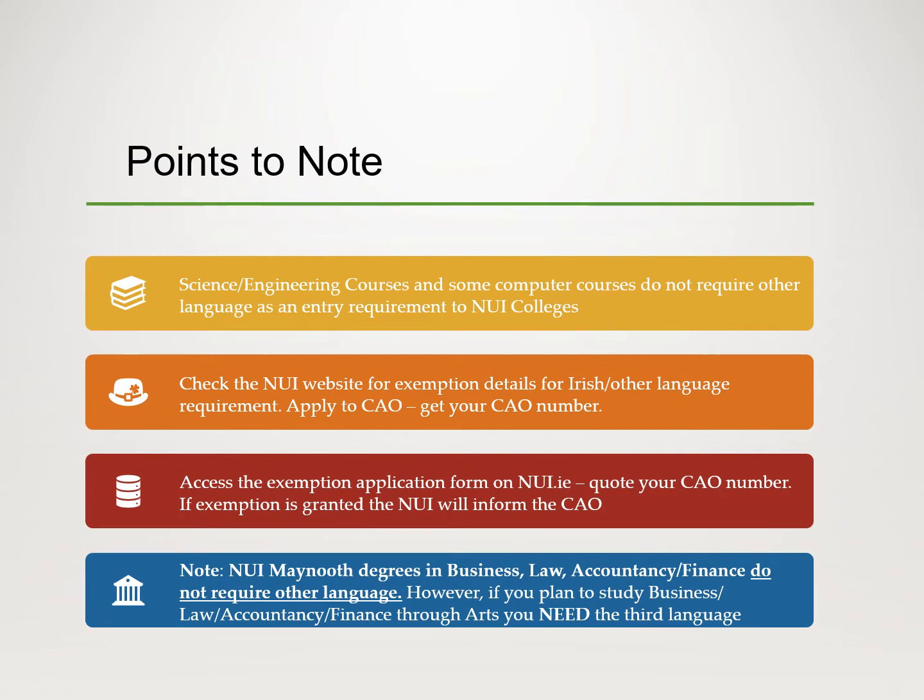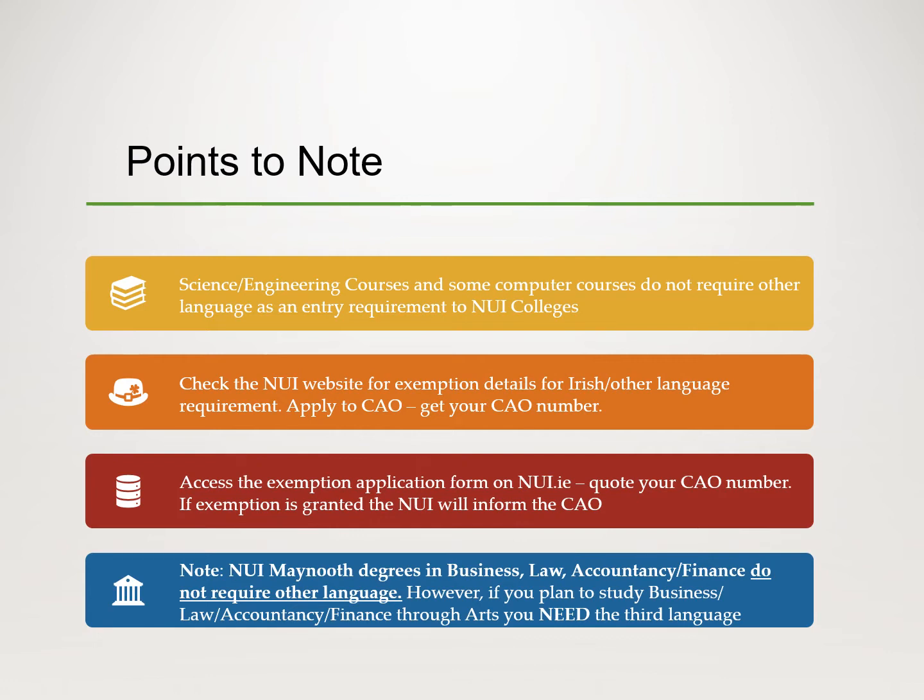Now, if you're applying for an exemption, it is important to remember that the NUI application form will ask for your CAO number. So it's no harm to have registered with the CAO first and then apply for your exemption. Access the exemption application form on nui.ie, quote your CAO number. If the exemption is granted, the NUI will inform the CAO.